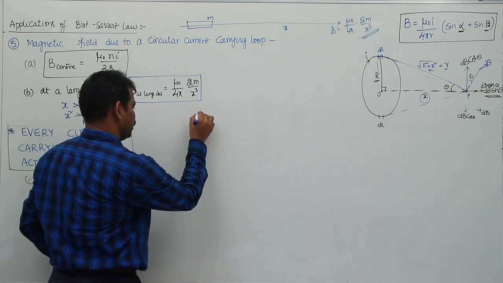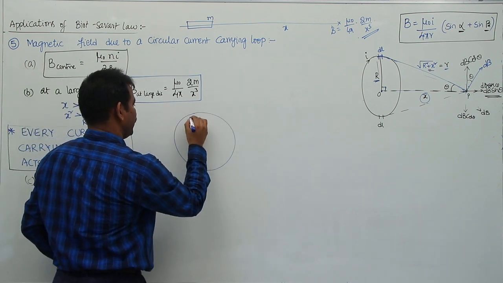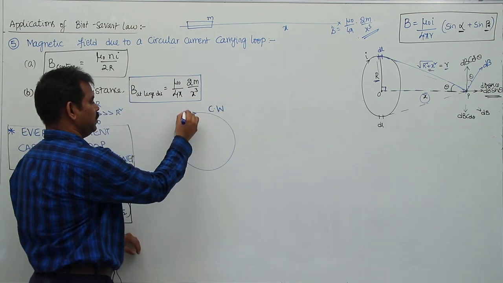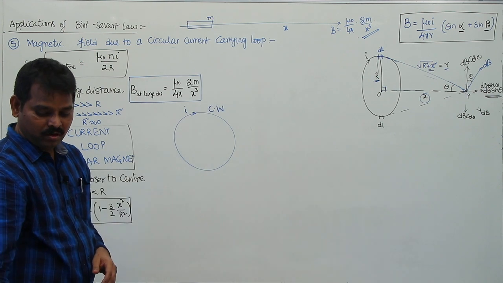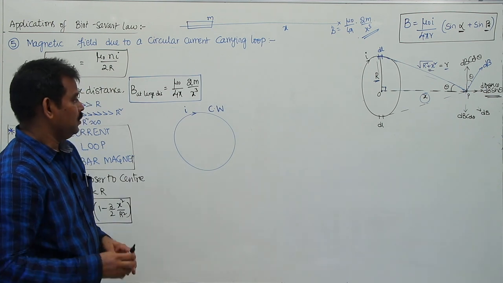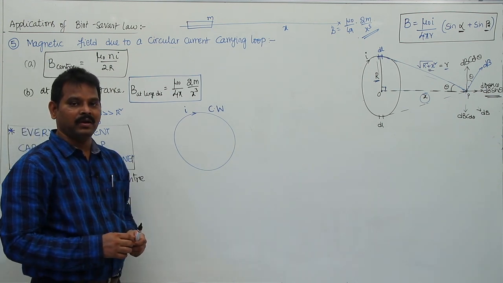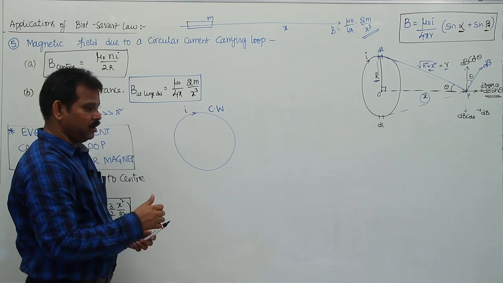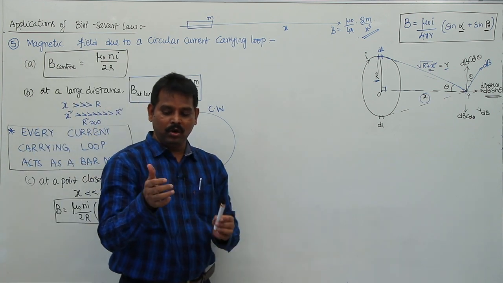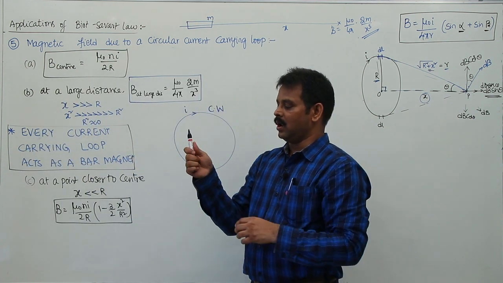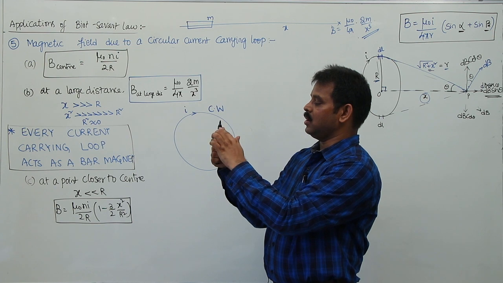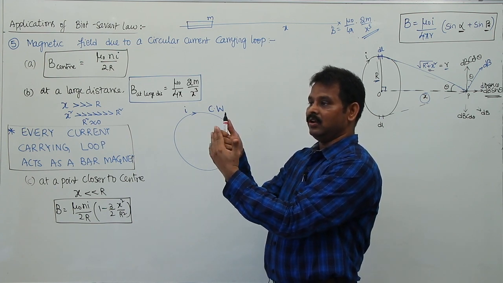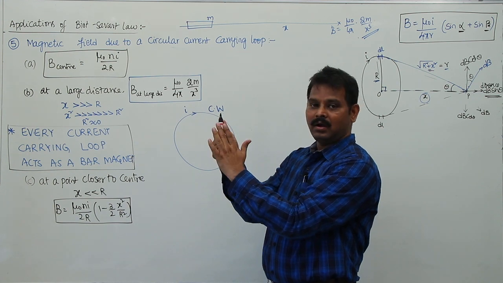Let us say this is a current carrying loop, carrying current in the clockwise direction. We can apply Ampere's right hand rule to find out the direction of the magnetic field due to this circular current carrying coil. When we hold a current carrying conductor in our right hand such that the direction of the current is along the thumb, the curled fingers give the direction of the magnetic field around it.